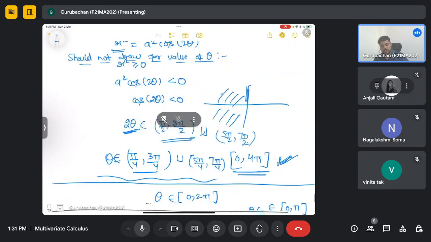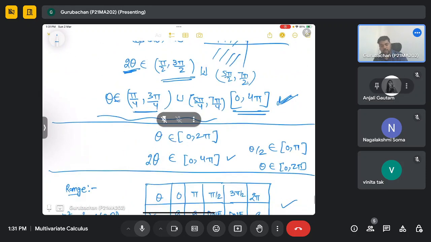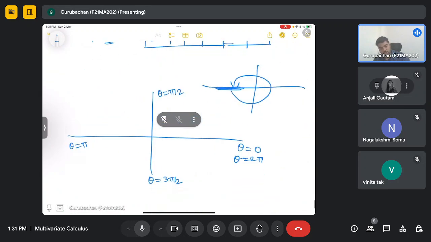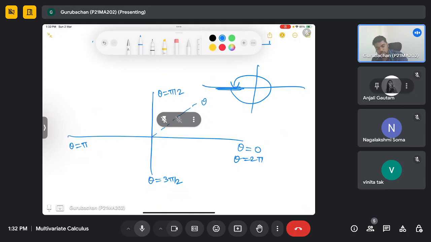So our curve will not lie between pi by 4 and 3 pi by 4. In between this region, our curve will not lie. So I'm drawing here, with some red line, so that we can see that we have not drawn under this.